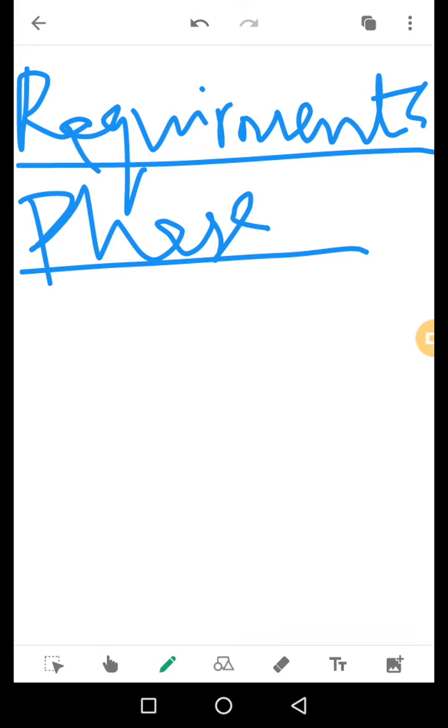That is what we call information hiding. So any information that is not needed by a particular module will not be accessible to that particular module.